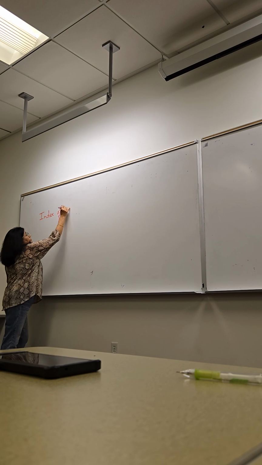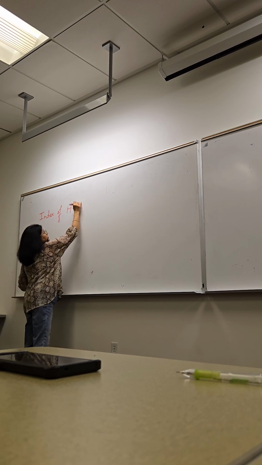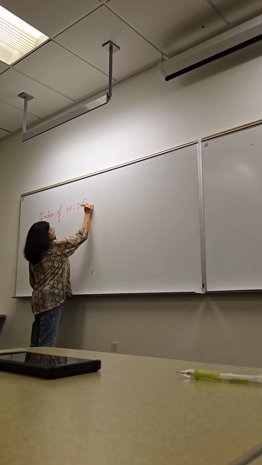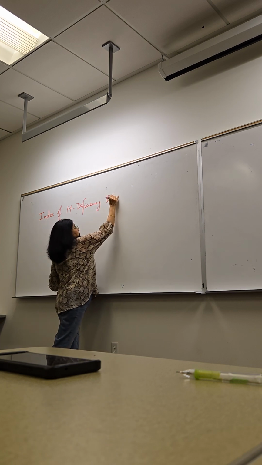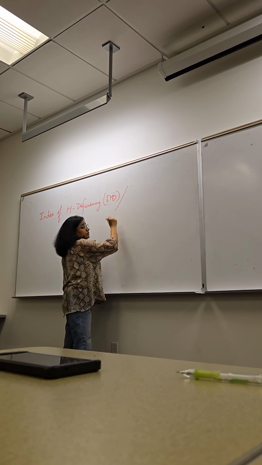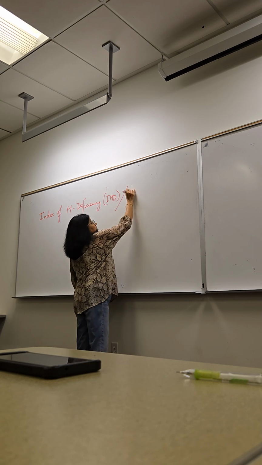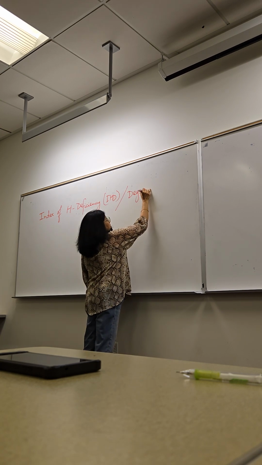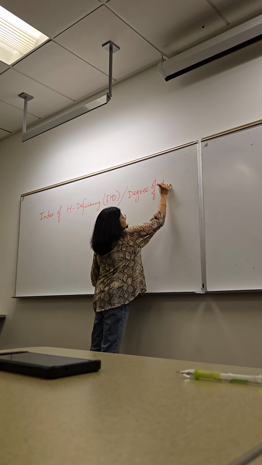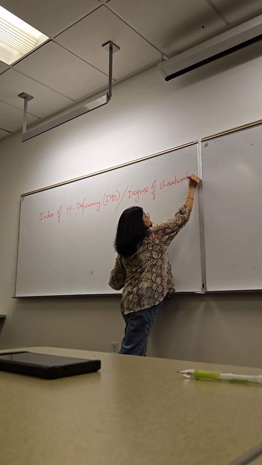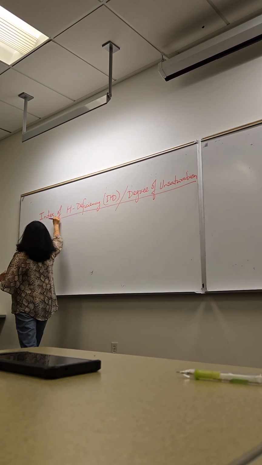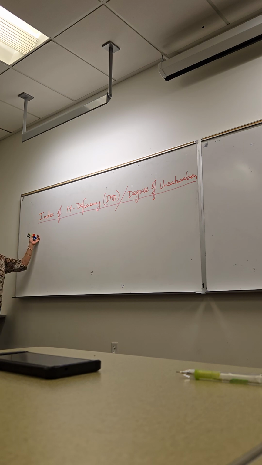Before we talk about that, I want to introduce something that is going to be very useful in this whole process. It's called Index of Hydrogen Deficiency, IHD for short. Some books call it degree of unsaturation. In this whole process of using NMR to figure out structures of compounds, I personally find this very useful.